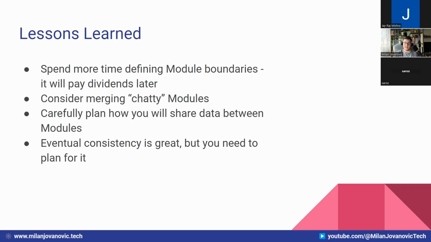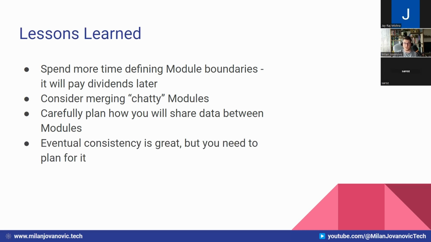And lastly, you should be really careful if you start introducing eventual consistency into your modular monolith system, because at surface level, it's really good. It allows your modules to be developed independently of each other.